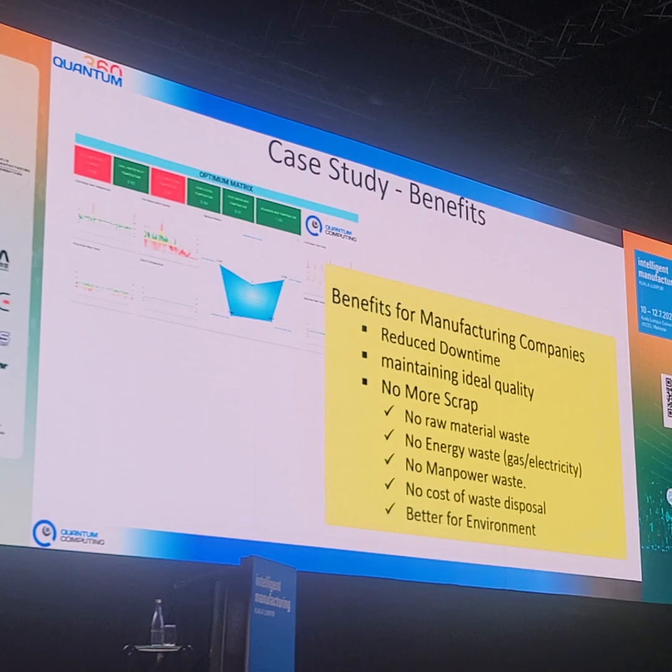Your scrap means you don't waste raw material, you don't waste electricity, you don't waste gas, you don't waste manpower or human resources, and of course you don't produce scrap which has to be burned or thrown away, which is bad for the environment. So overall, you have multiple benefits by making sure you make only good quality products and you don't allow it to go to the bad.